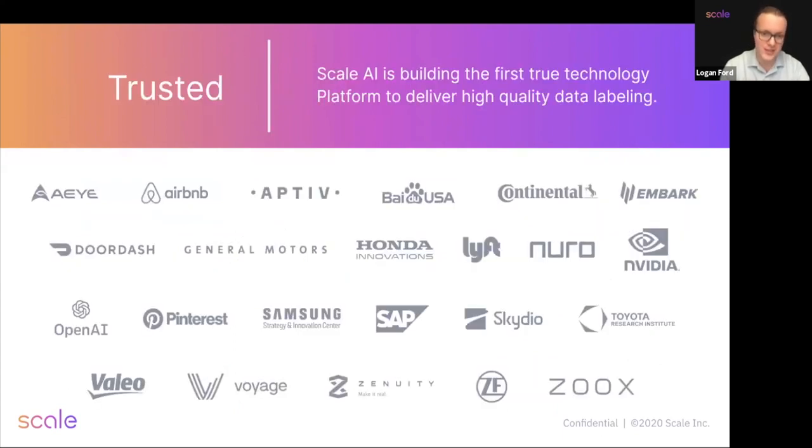And just to give a sense of a lot of the customers that we work with, you can look at this page here, all the way from AV robotics applications to document processing, menu transcription, and then NLP development, such as the case with OpenAI.